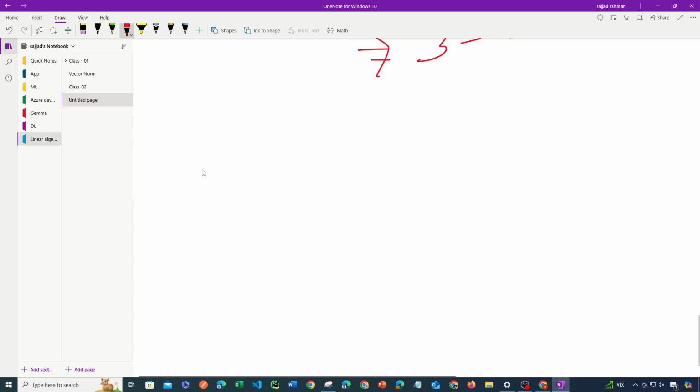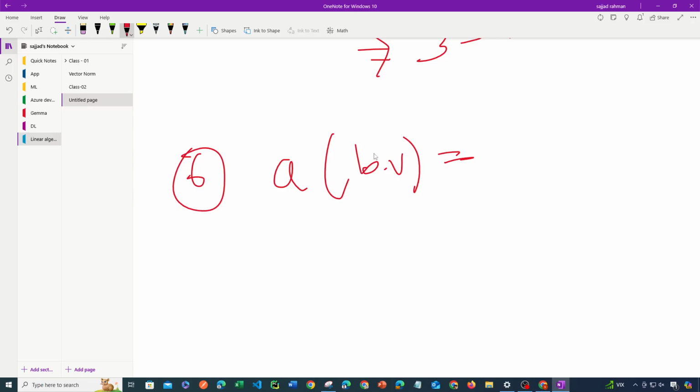Okay. We want to see some scalar equations. Like the same rules above, these two are vectors and this one is a scalar. So if we do this, we will get the same result.